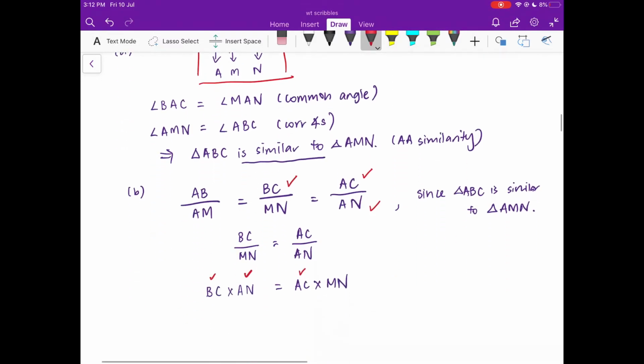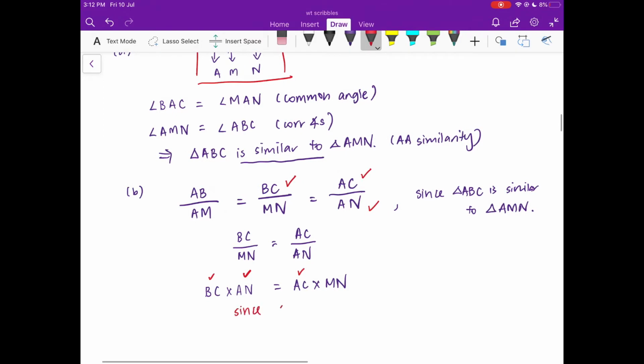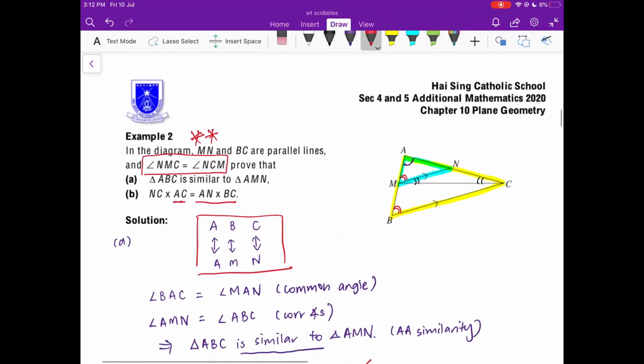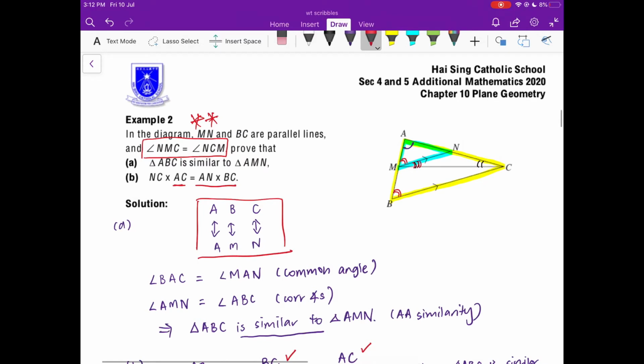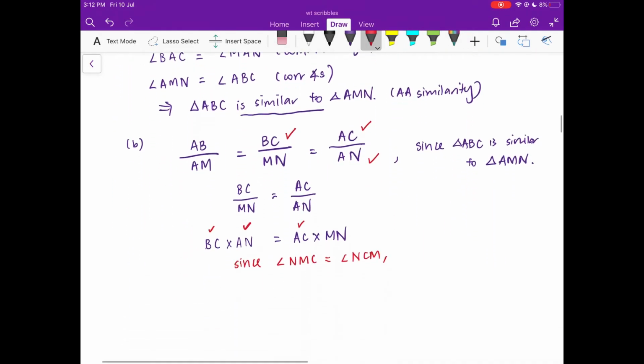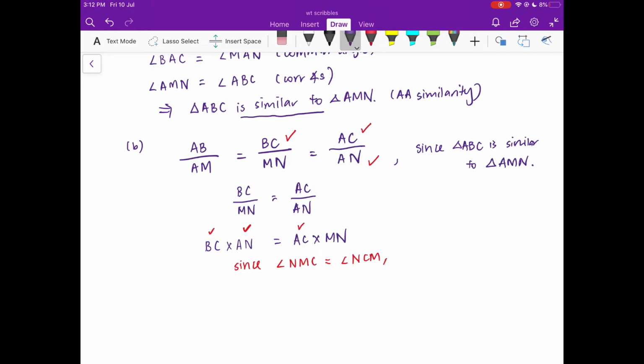Since angle NMC equals angle NCM, we can say that these two lengths are the same. MN equals NC. So we can convert this into BC times AN equals AC times NC.